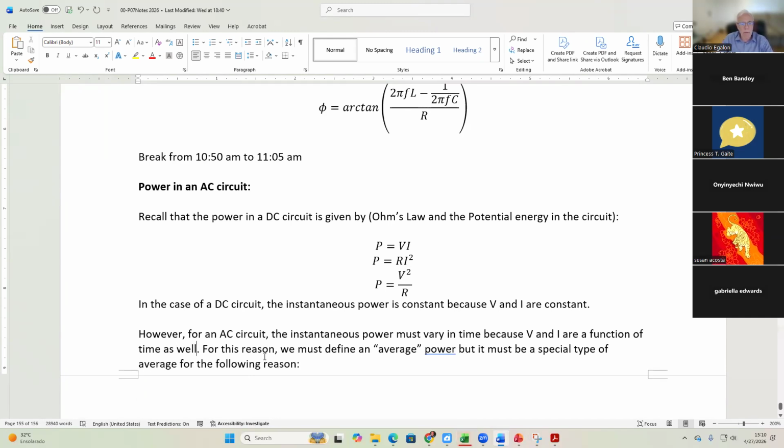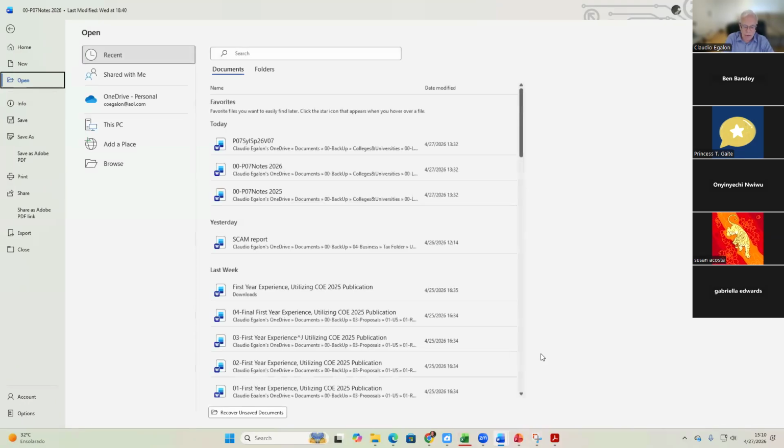For this reason, we must define an average power, but it must be a special type of average for the following reason. Let me put it in italics.